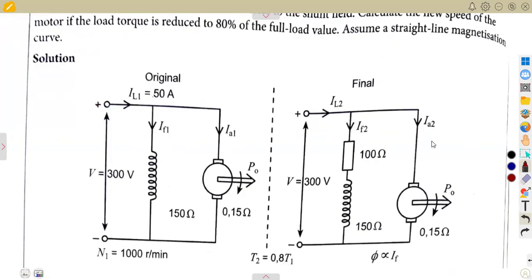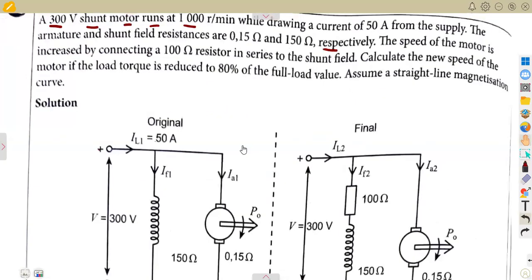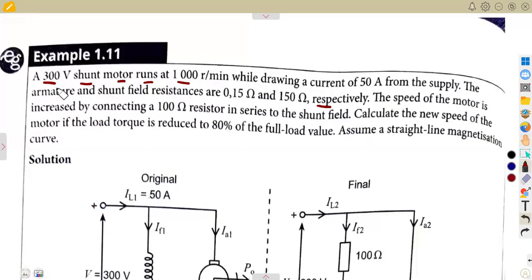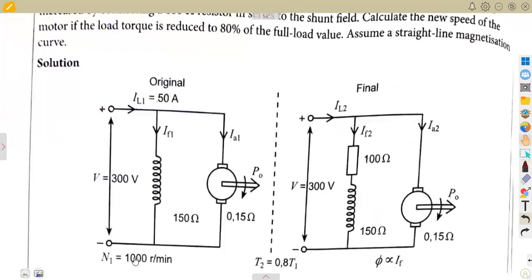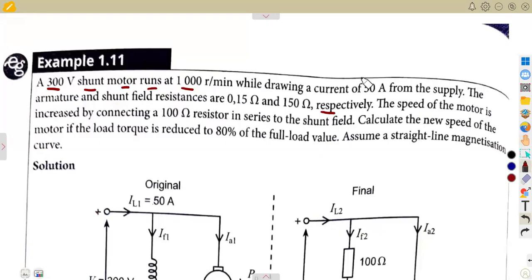All right. We are given everything in this case, all right? The 300-volt, the speed, which is 1000, which is at full load. The speed will be 1000 at full load. Then we are given the current there of 50 amps taken from the supply, which is your load current.